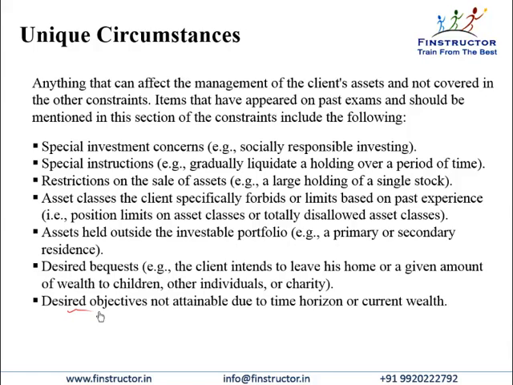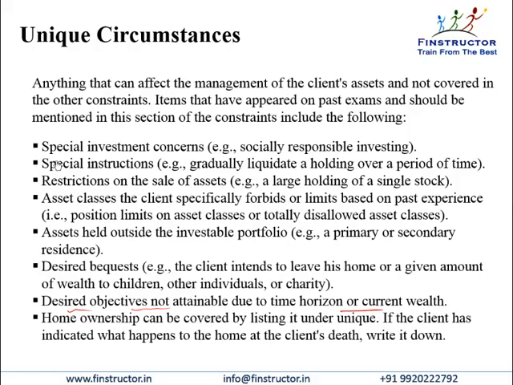Any desired objectives that you didn't consider earlier because they were highly unreasonable given the capital market expectations and given the portfolio can also be mentioned under unique circumstances. So these are just some examples. Anything that you feel needs mentioning and hasn't yet been mentioned can be mentioned under the unique circumstances for the portfolio manager to be aware of.